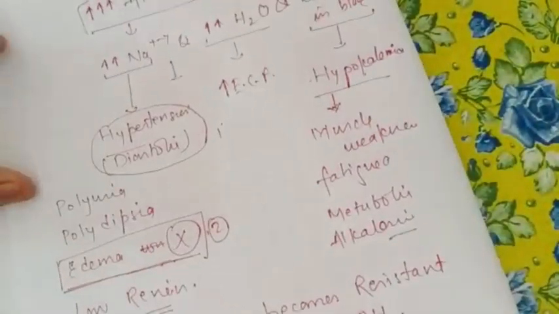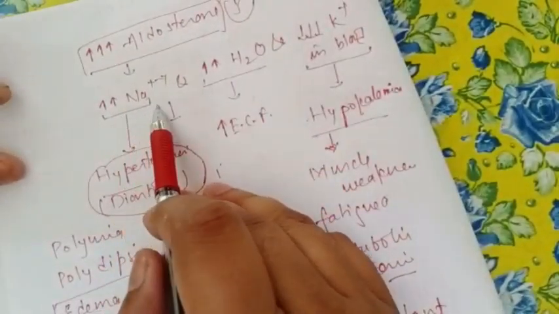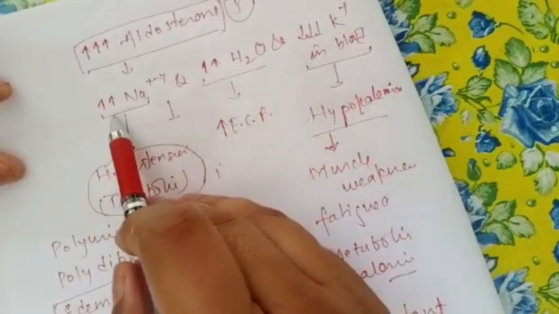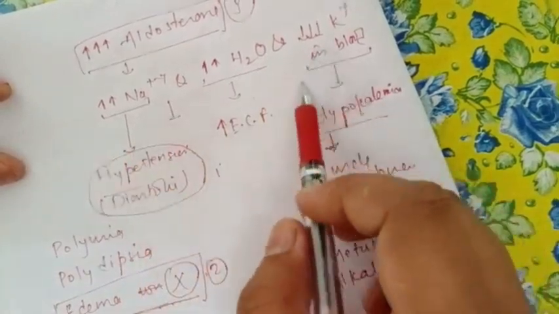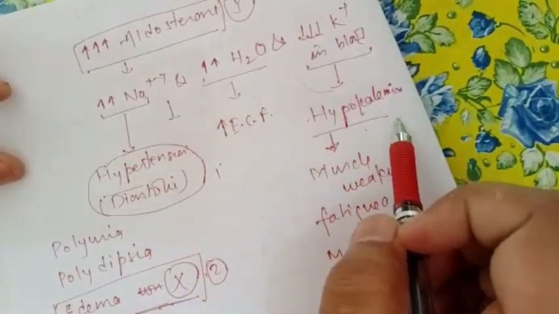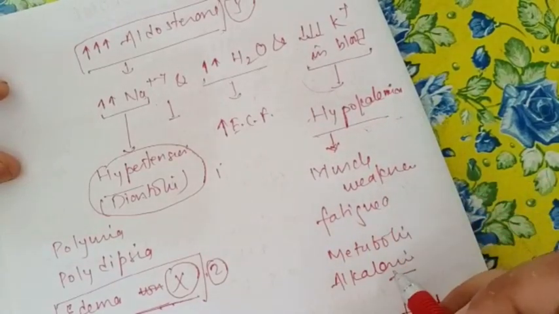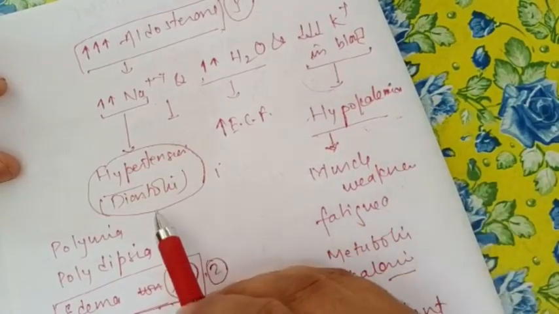What we have said is that there will be increased aldosterone. Increased aldosterone will lead to increased sodium conservation, increased water conservation, and decreased potassium in the blood. Increased sodium will lead to hypertension, and decreased potassium in the blood leads to hypokalemia. Hypokalemia will lead to clinical features like weakness, fatigue, and also metabolic alkalosis.